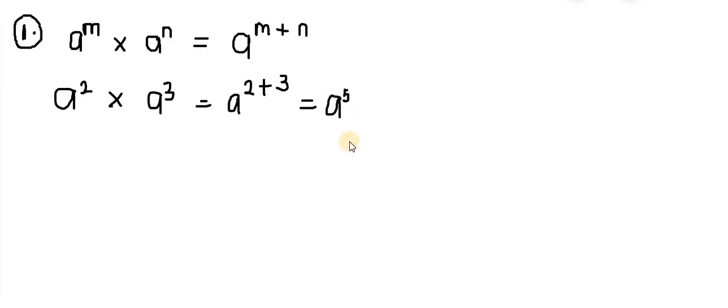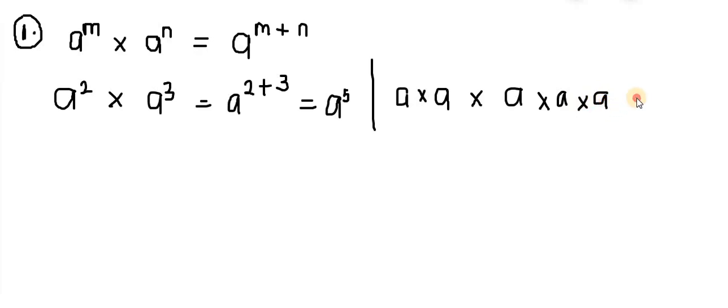Now, if you ask yourself why does that work, a to the power of 2 is a times a, and a to the power of 3 is a times a times a. And so what we do is we count the a's, 1, 2, 3, 4, 5 being multiplied together, so that's a to the power of 5. So instead of going this long route, we just do this using the laws of indices.